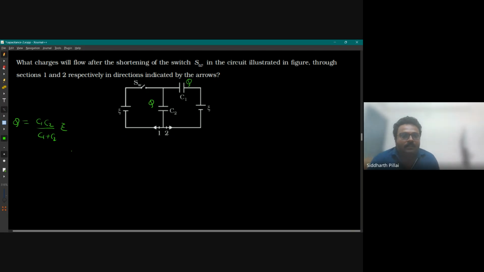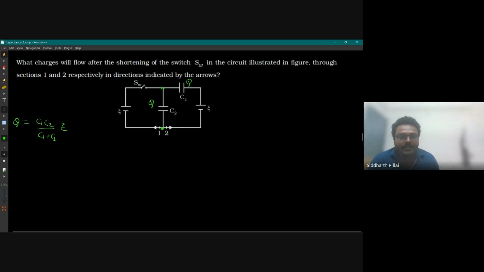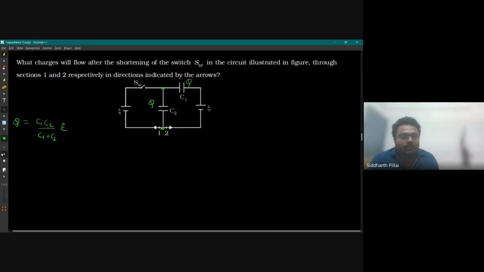Okay. Now, once you close the switch, you have this potential difference E supplied to this capacitor C2. So that will fix the potential difference here as E. So the new charge on C2, let's call it Q2 now, would be C2 times E. And the new charge on capacitor 1 would be 0 because there is no potential difference.